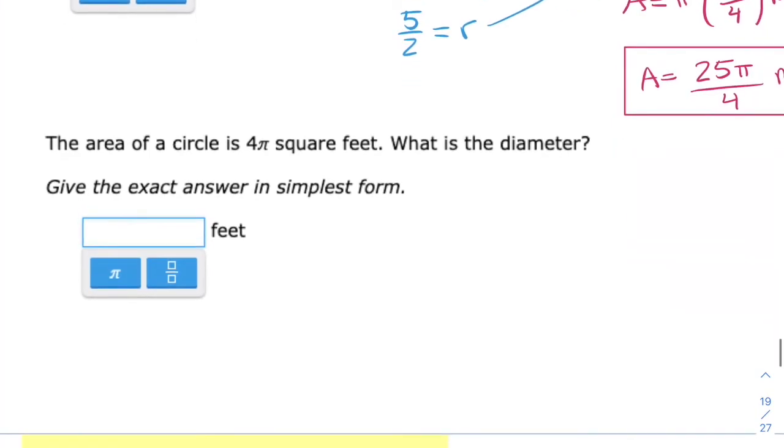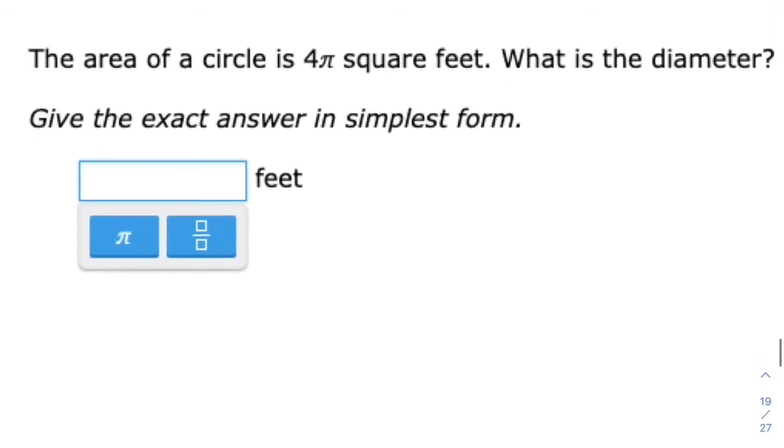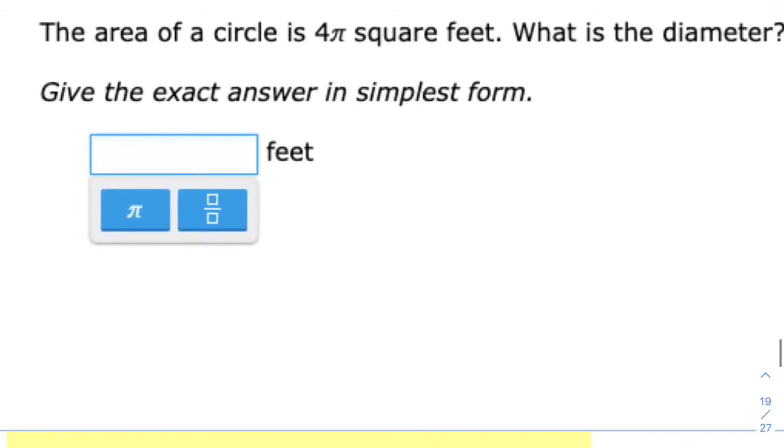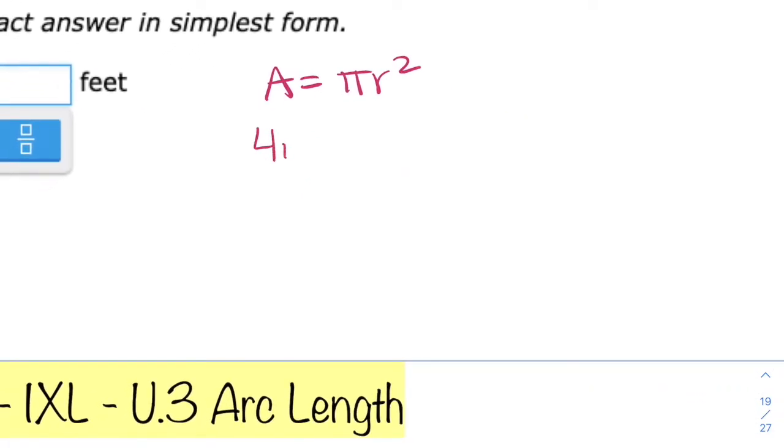All right, the area of a circle is 4 pi square feet. We want to know the diameter. So the area is pi r squared. We know that it's 4 pi feet squared, because that's what they put. So 4 pi feet squared equals pi r squared.